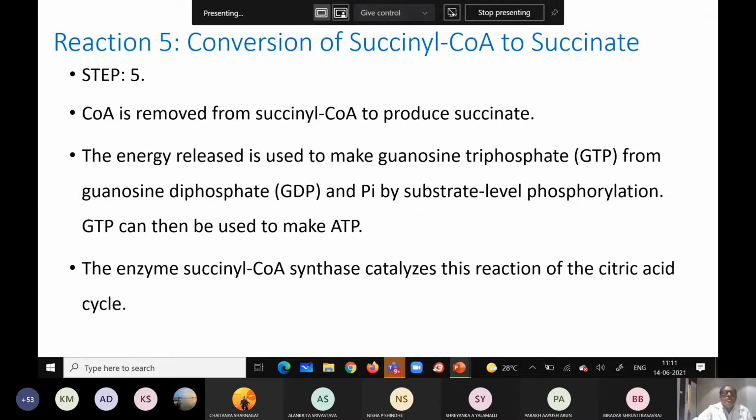The enzyme which helps the conversion of succinyl CoA to succinate is succinyl CoA synthetase. This catalyzes the reaction, and here the GTP promotes it by donating one phosphate, the phosphoryl group, and it is the generation of ATP at this substrate level.